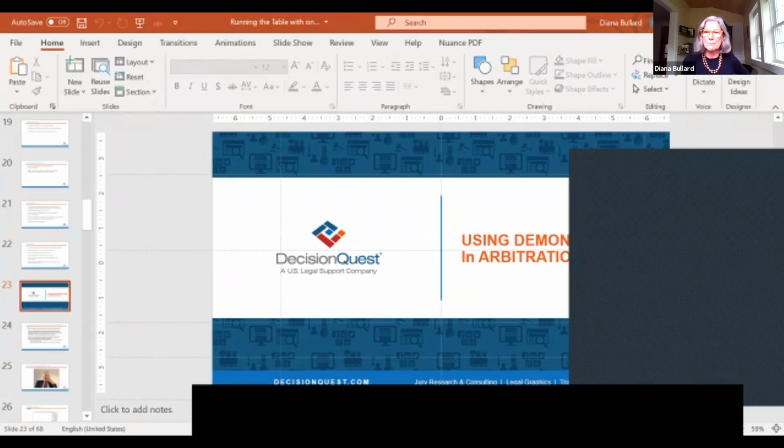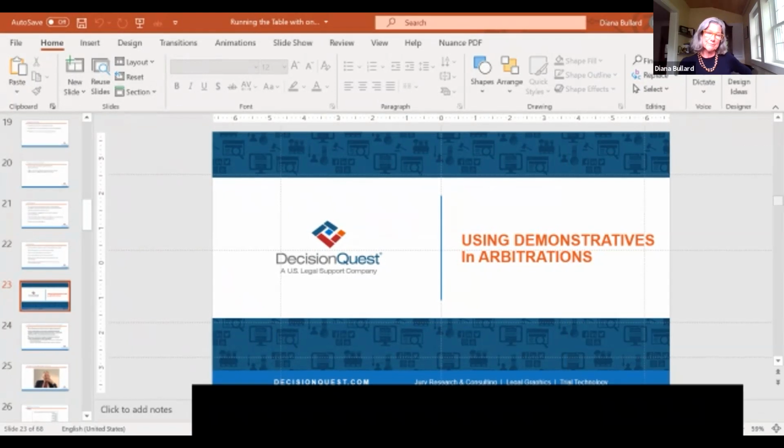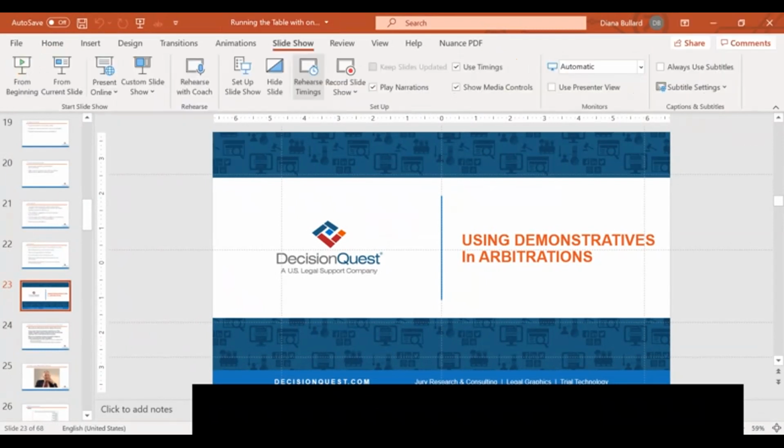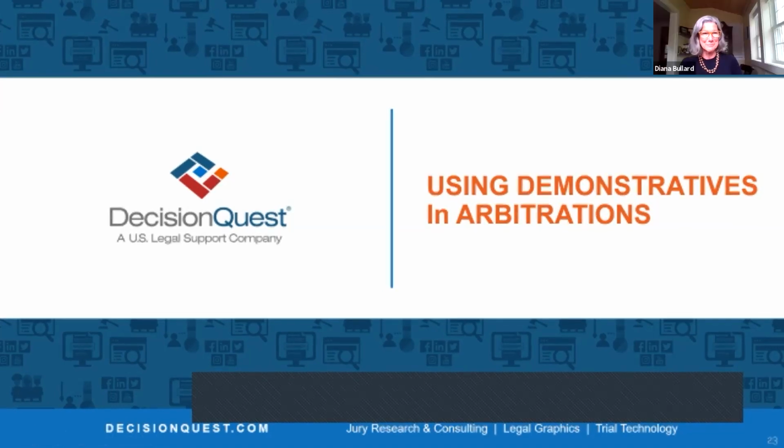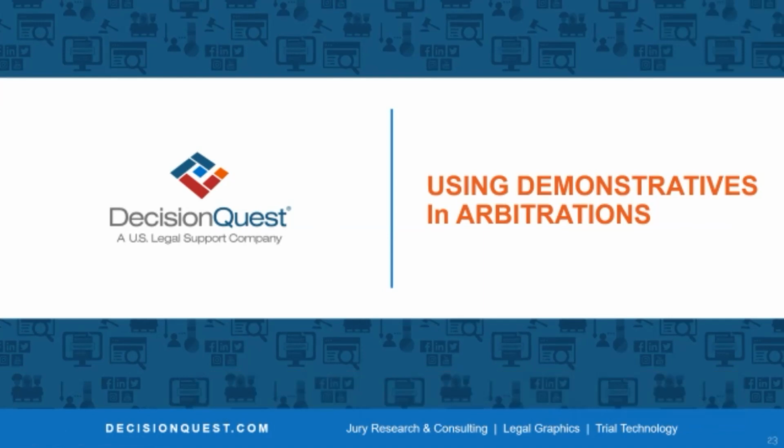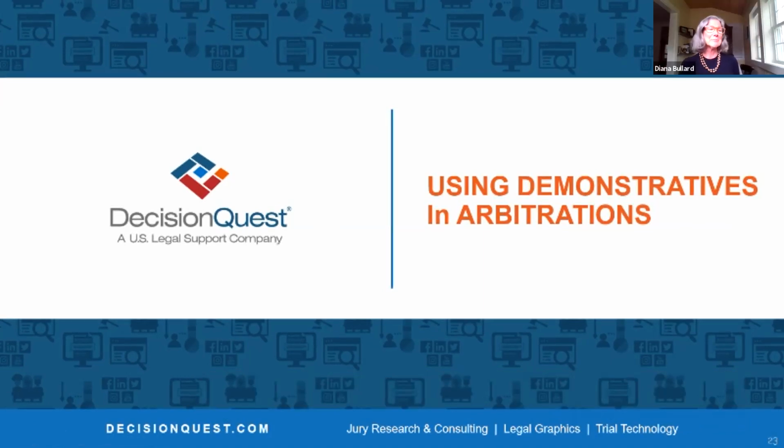Okay, so I'm going to ask our technical director, Joe Simons, how do I remove the toolbar at the bottom of the screen so I can go into presentation mode? You should be able to click on it and have it go away. There's minimize, or you can hit the Alt button, and the Alt button should also show and hide the controls. Okay, so can everyone see my screen now? Yes. Great.